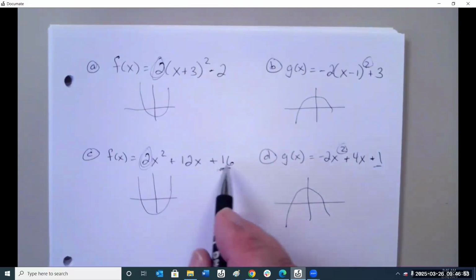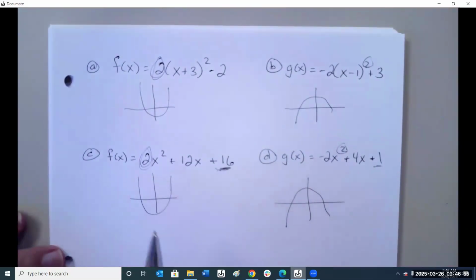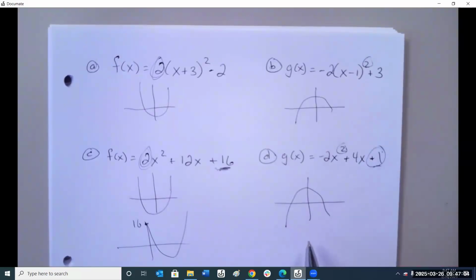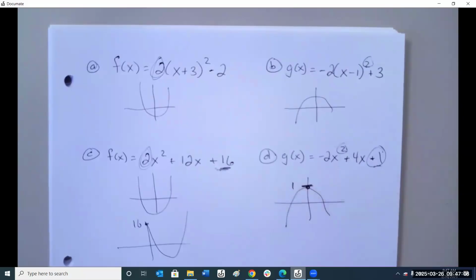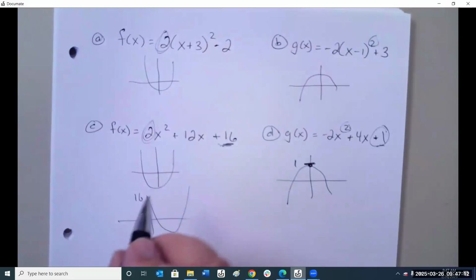This one's going to be at 16, so this graph is going to look something like this. This one's going to have a y-intercept at 1. Just by looking at it, we know the shape, the direction, and at least 1 point.